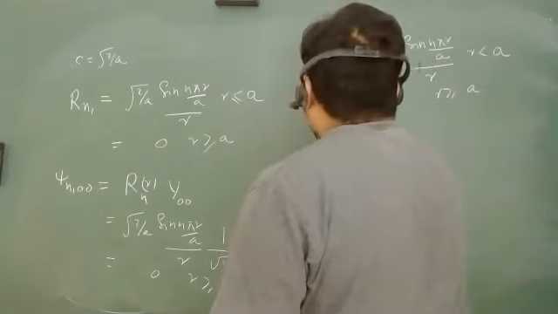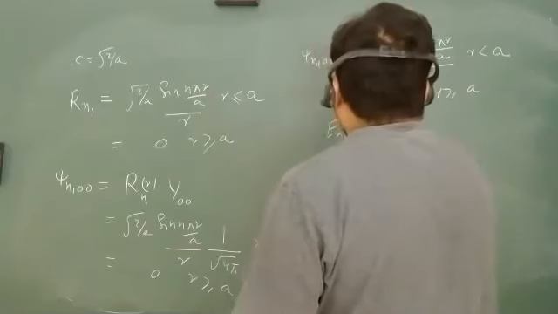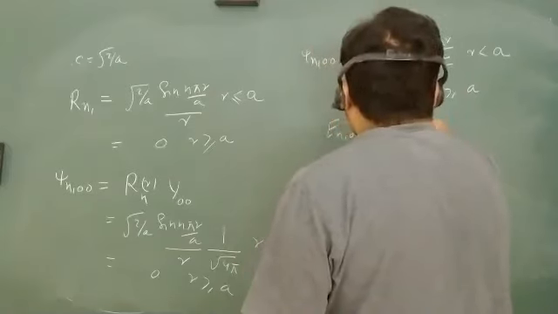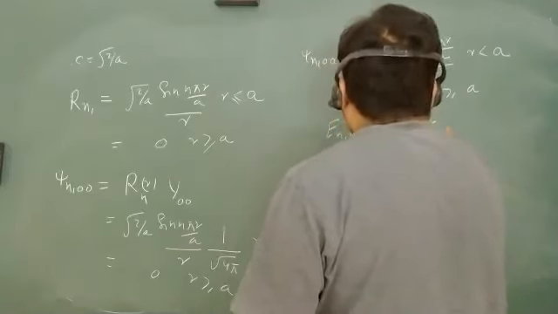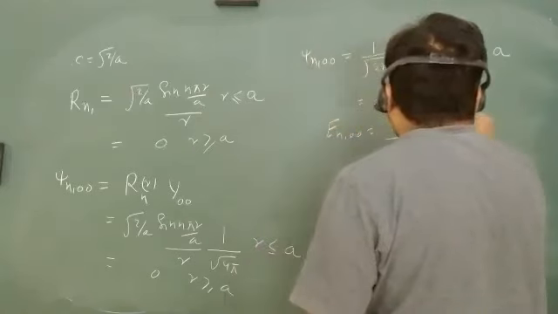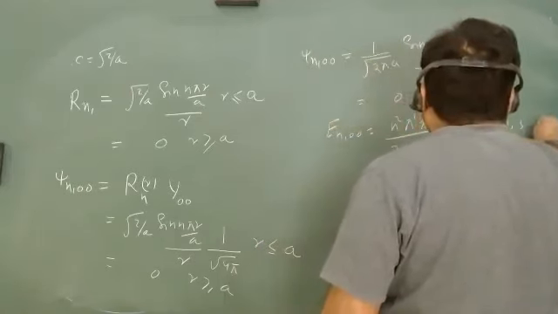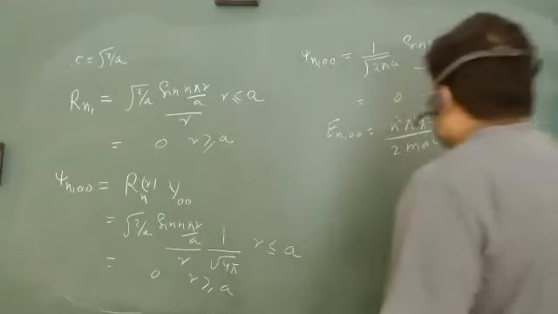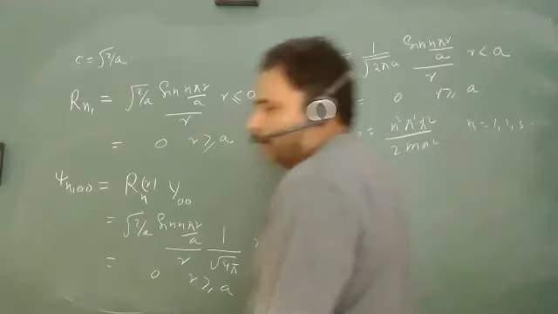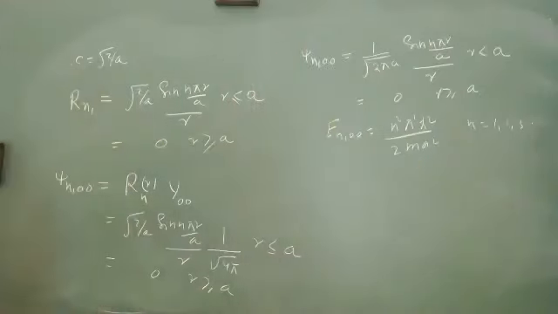And what is your E n 0 0? That will be n square pi square h cut square upon 2ma square, where n is equal to 1, 2, 3, and so on. So this will be n 0 0. L is equal to 0 and m is equal to 0. So this is the wave function. You can easily figure it out.